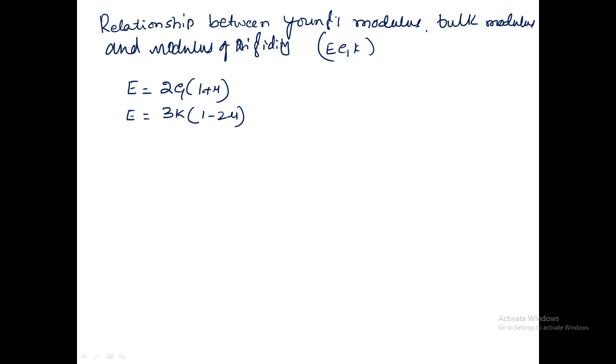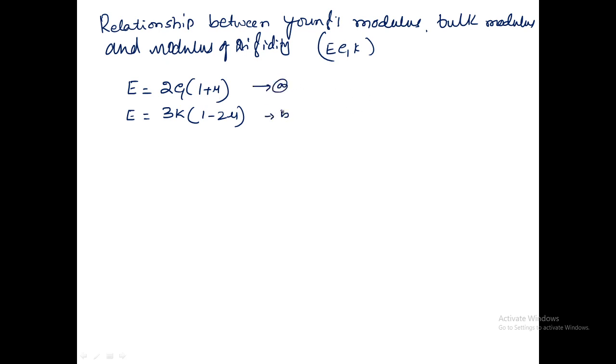Now in this case the common term is mu. So by writing the mu value from any one equation and substituting it in the other equation, you are going to get the relation between bulk modulus, modulus of rigidity and Young's modulus. Now I will consider the first equation.